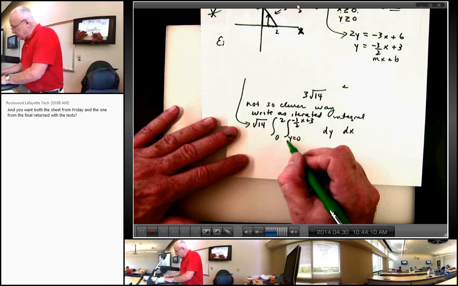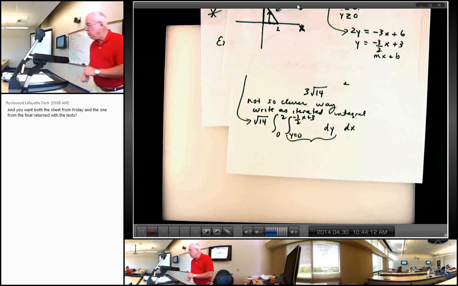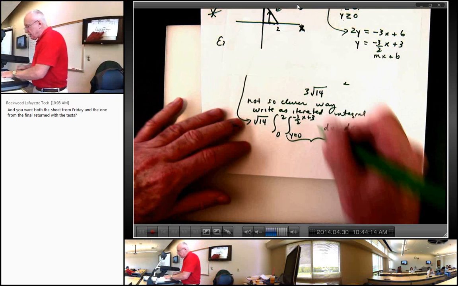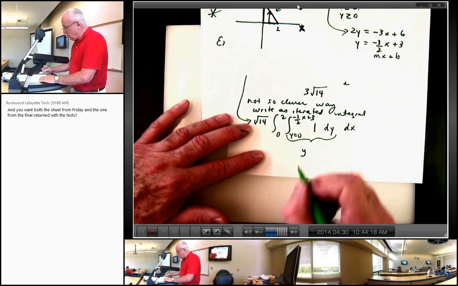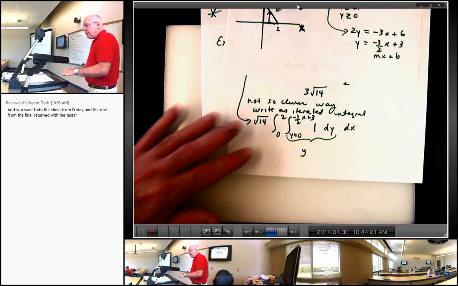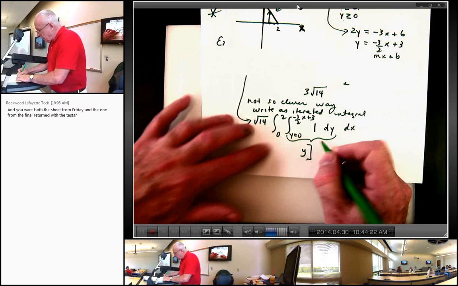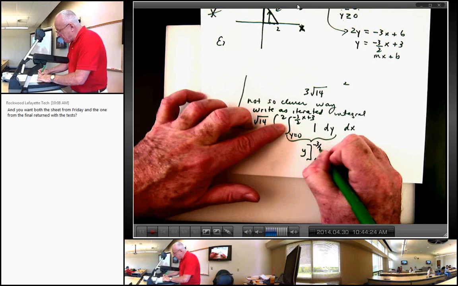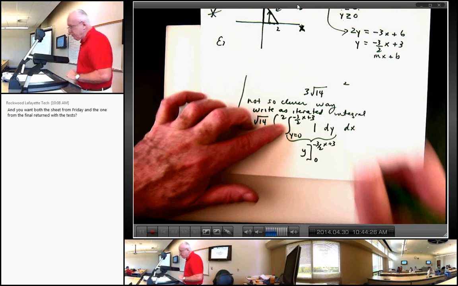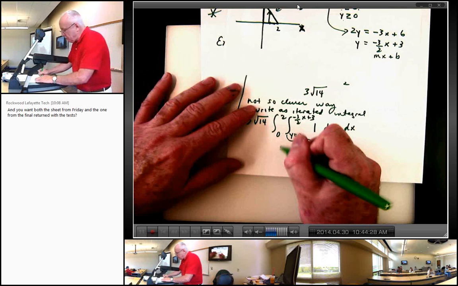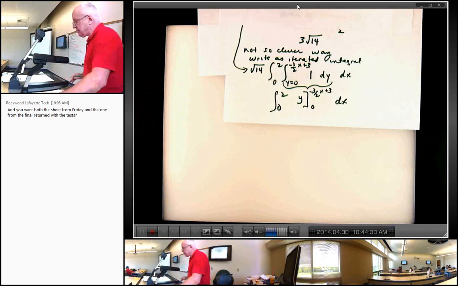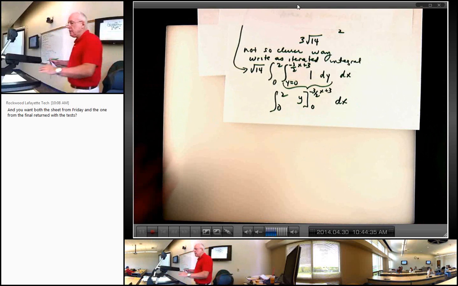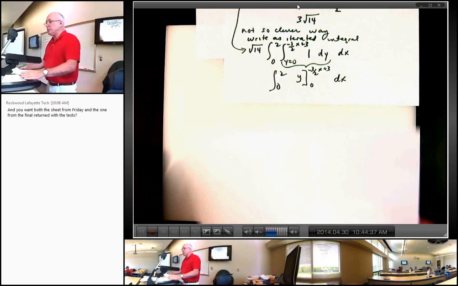So let's figure out the integral. Basically, the antiderivative here, that's really a 1 there. We're talking about y, and it's going from 0 to minus 3/2 x plus 3, and then my outer integral is 0 to 2 dx. So that inside one is just going to end up being minus 3/2 x plus 3.